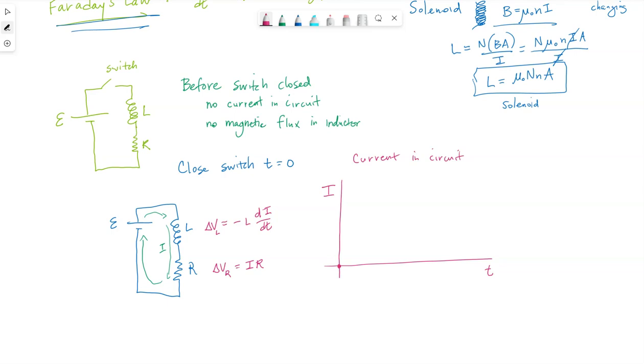The inductor initially opposes any increase, but it can't forever oppose an increase. And so what happens is the inductor causes the current in the circuit to increase gradually.